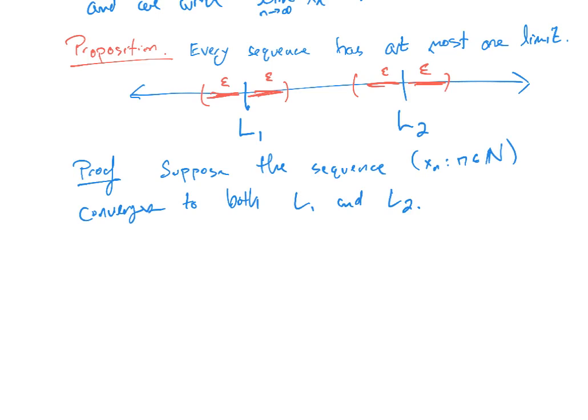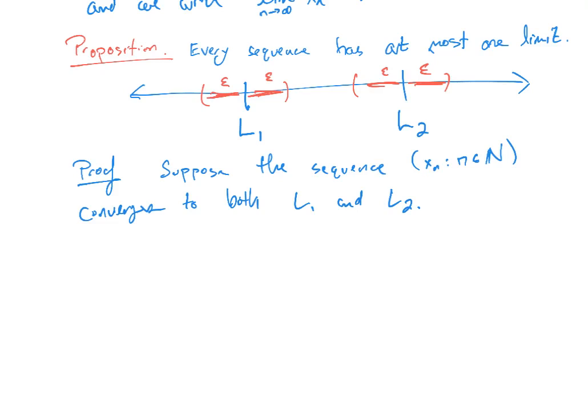Now, when I talked about the definition of limit, I said you think about it as a game, and your opponent gives you the epsilon, and then you have to find the capital N. Well, actually, this time, we're the opponent. We get to pick our epsilon.